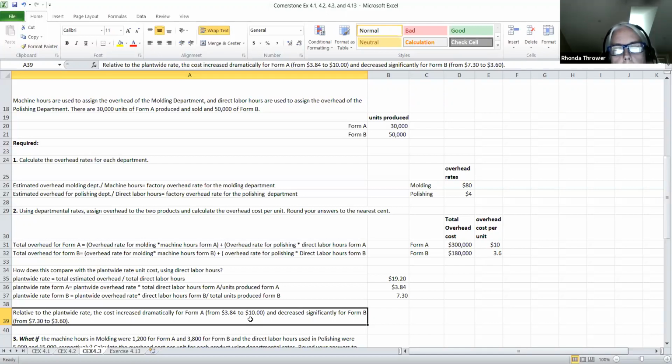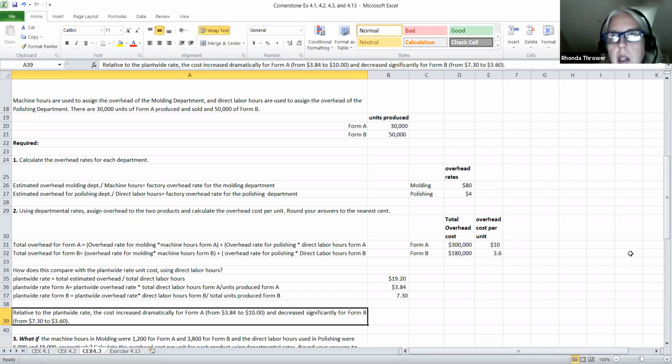So what they're getting you ready for, class, is the next part of the chapter, which is ABC costing, or activity-based costing. It's better than plant-wide costing and department types of costing if you have diverse products that you are producing. And so we'll talk more about ABC costing, but they're trying to get you ready for that. And you're just comparing, well, what if we did it plant-wide based? Or what if we did it departmental based?